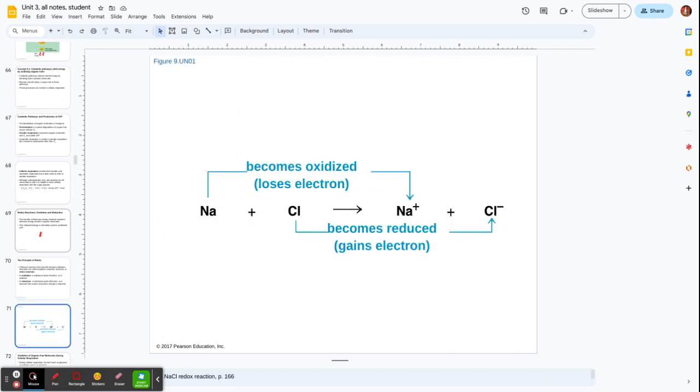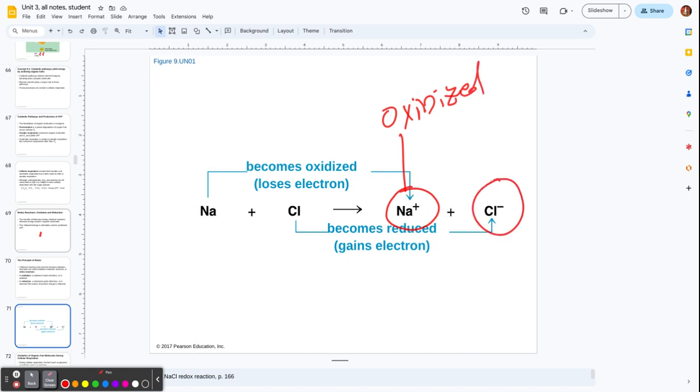So in the case of sodium and chloride, you put those two together and you get sodium and chloride ions. And this guy here, the sodium, has become what? It's lost an electron. Oxidized. And this little guy, he gained an electron, so he's become reduced.